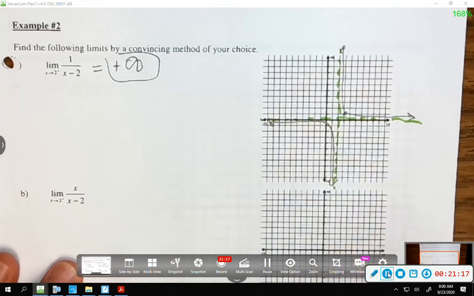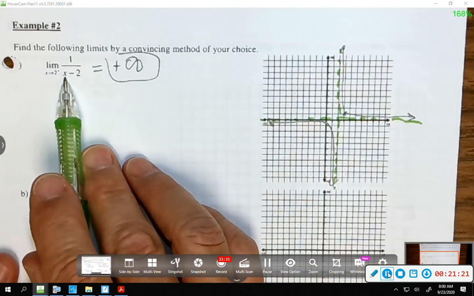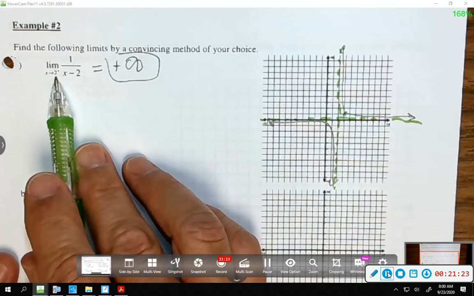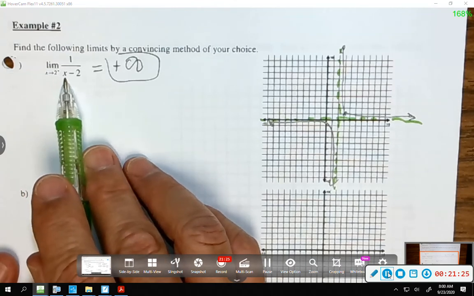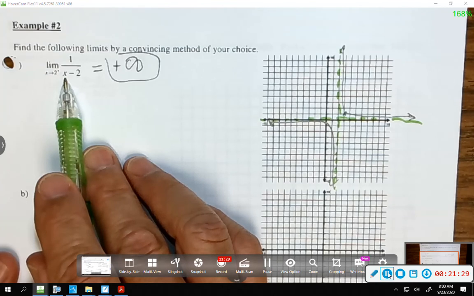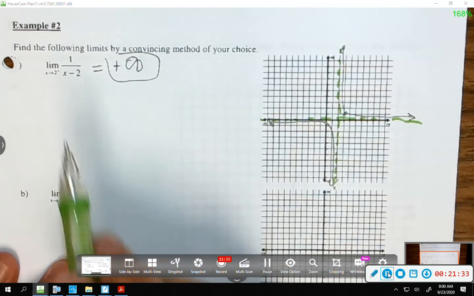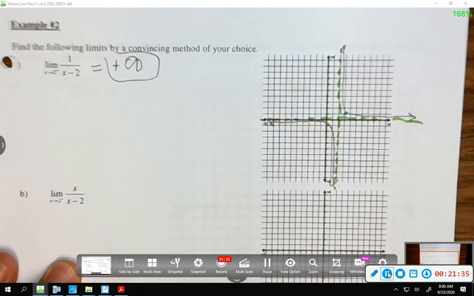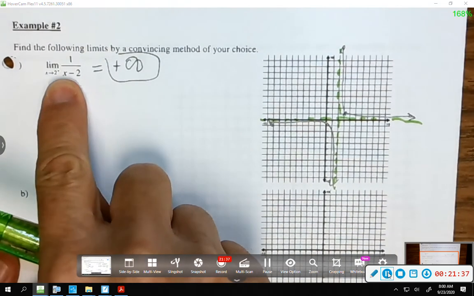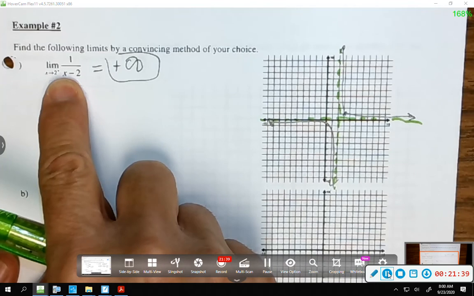And here's why. If I just pick a number really close to 2, but to the right of 2, let's say 2 1/10, that's pretty close. 2 1/10 minus 2 is 1/10. 1 over 1/10 is 10. Let's look at 2 and 1/100.